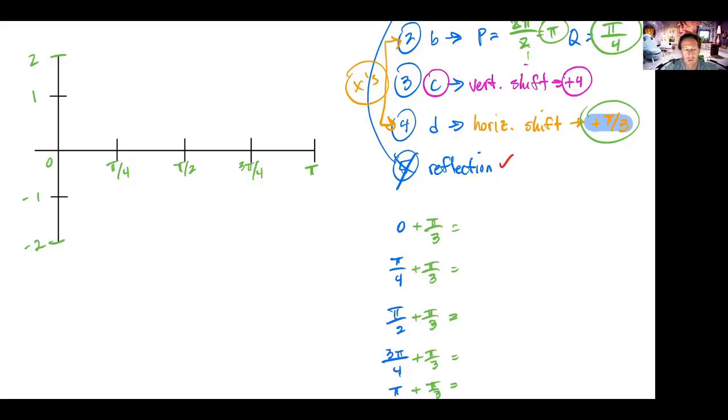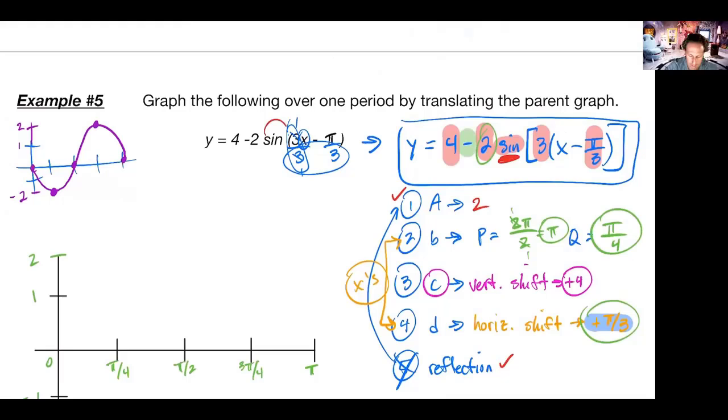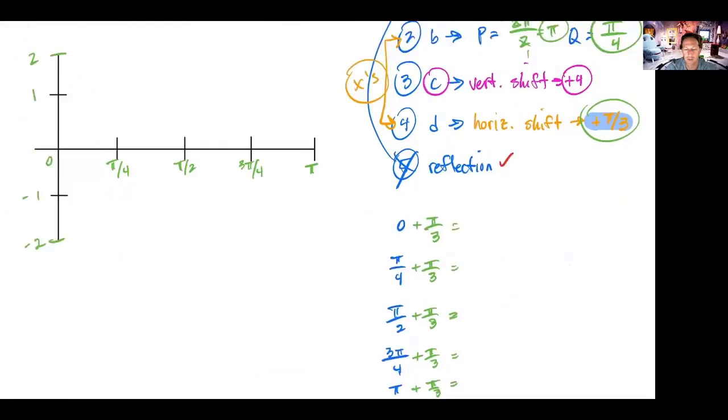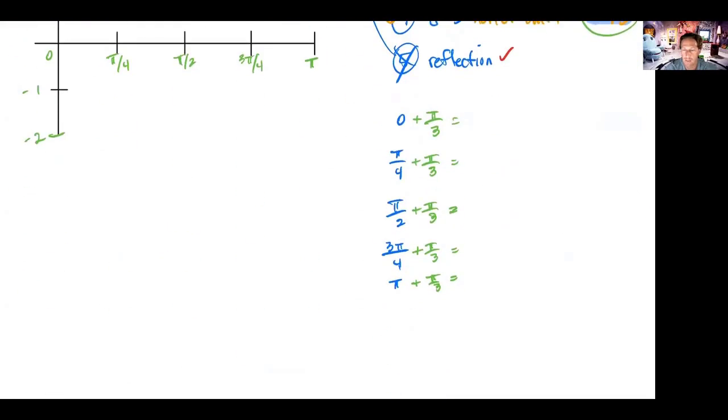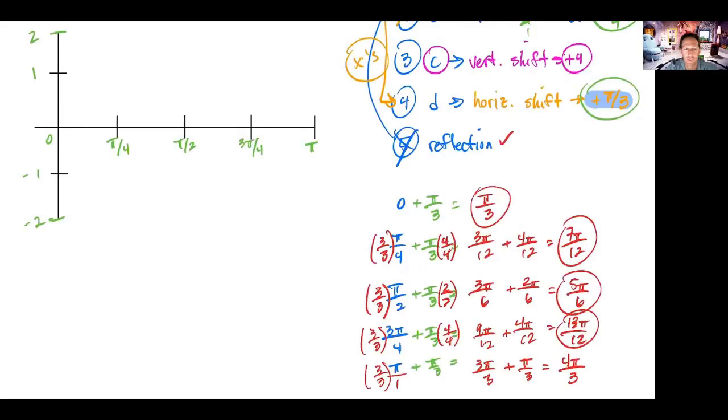Just make sure that you've done the other parts, which were the amplitude change, the reflection, and the vertical shift, and you'll be done. As long as you have your sine curve drawn correctly. All right, so doing this, you should have gotten, and then once you have those 5 key points, you will then be able to finish your drawing.